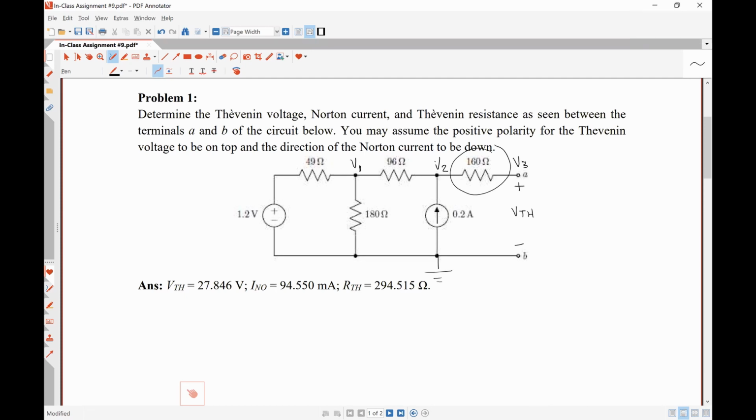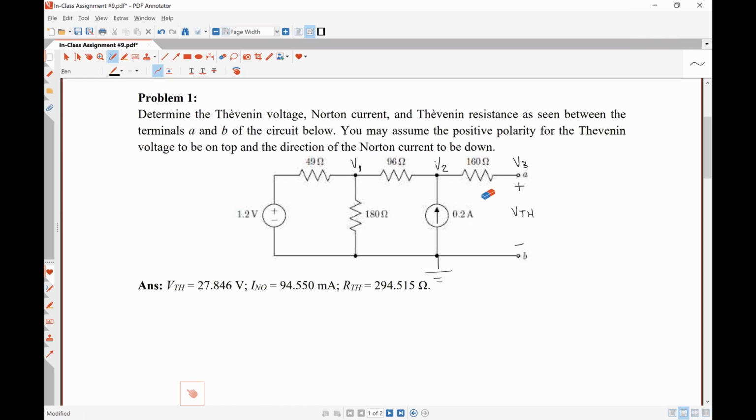No, right? It's connected in series to an open circuit. So if the 160 ohm resistor is not part of a closed current carrying loop, how much current flows through it?